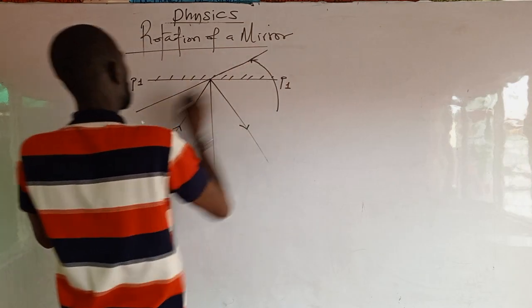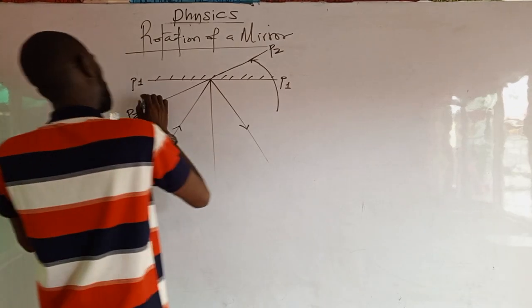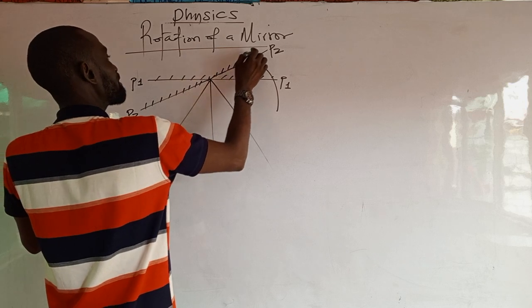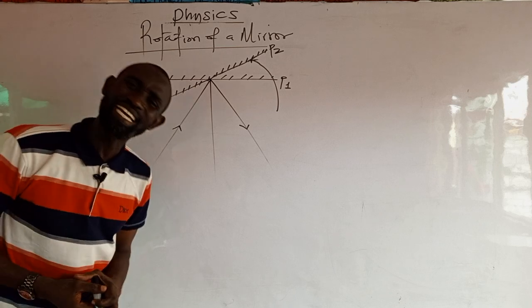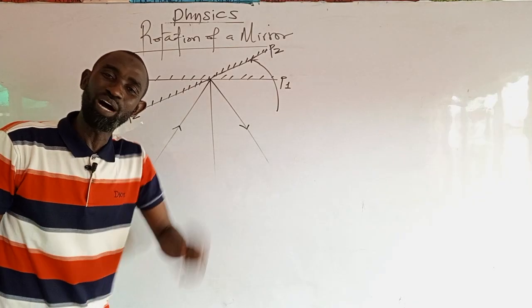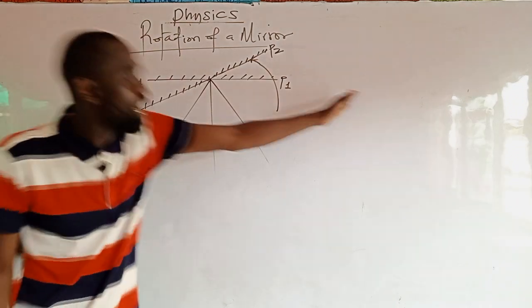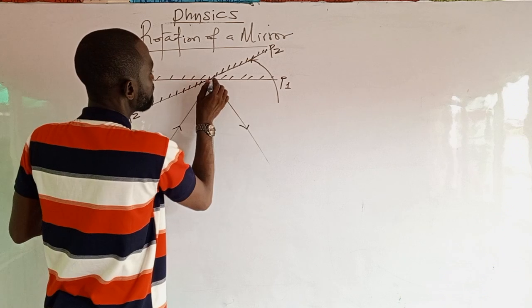To position 2, P2, anti-clockwise. Since the mirror is rotated anti-clockwise, the reflected ray will follow the direction of rotation. It means the reflected ray will shift outward.